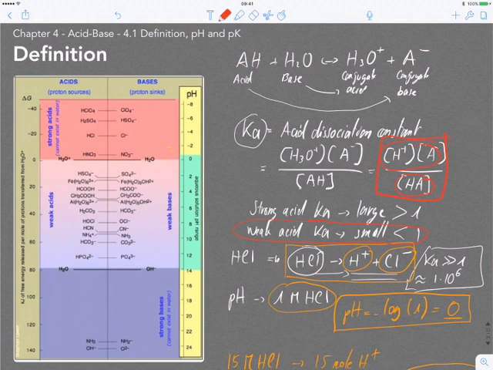compared to a strong acid. So I put this table here to show you some examples of weak acid here and strong acid here. And you can see that in strong acid you have the famous HCl here and the sulfuric acid in this case.